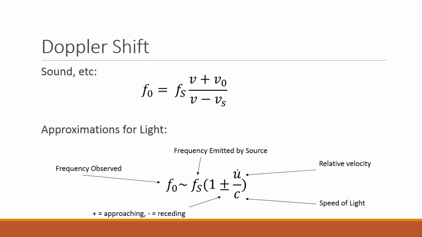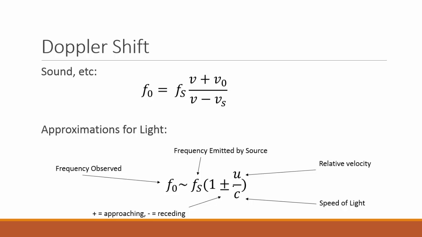You want to see how the distance between you is increasing or decreasing over time, divided by the speed of light, and you use a positive sign if you are approaching the source or the source is approaching you, and if you are receding from the source or the source is receding from you, so the distance between you is getting larger, then you use a minus sign. So this is a relatively simple formula to use.